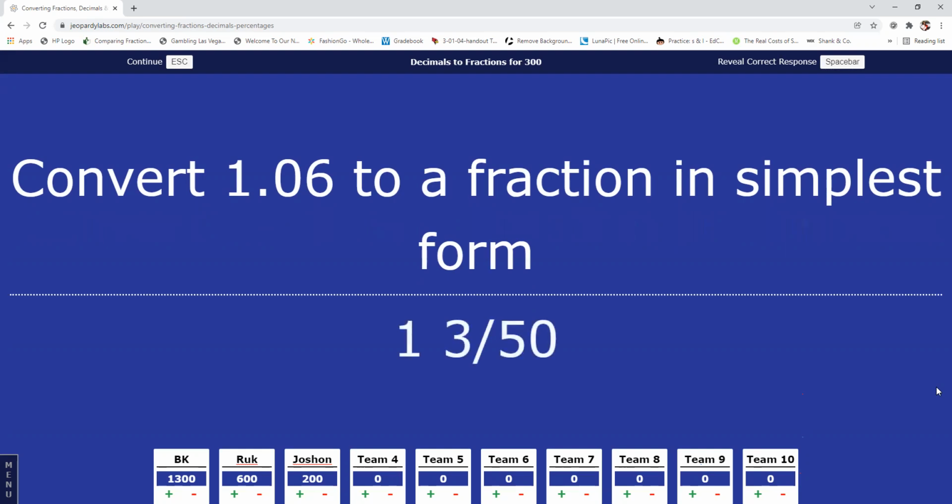All right, so the correct answer is going to be 1 and 3/50.